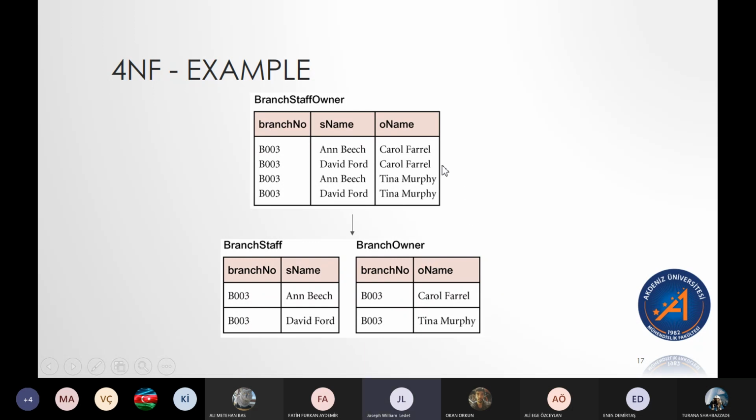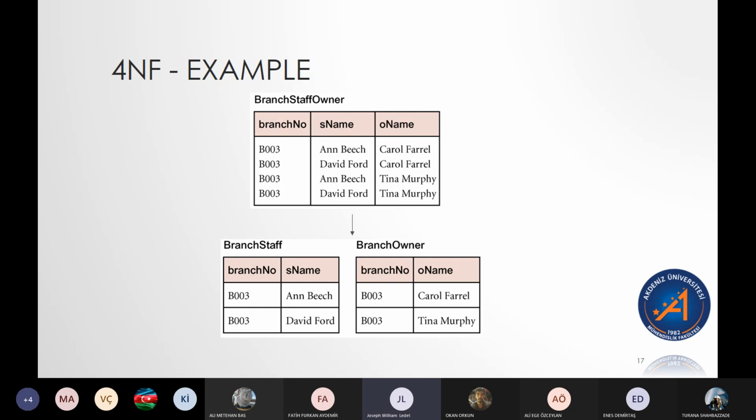All right. And so now this way we don't have duplicated information. But the idea is that in this example, staff name and owner name have what's called a multi-valued dependency on branch number. For each branch, there is a set of information that would exist over here.